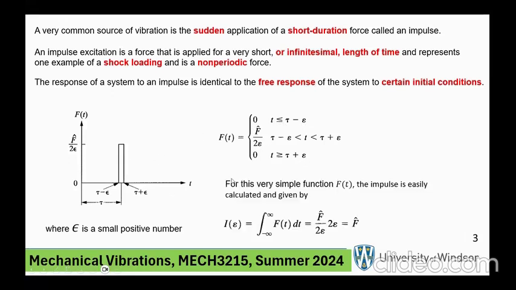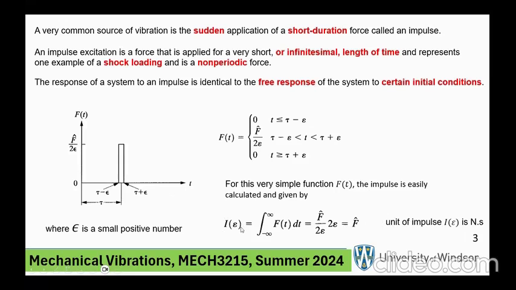Now, as I mentioned, the integral from minus infinity to plus infinity, which is the area under the curve, is the height times the width, which is f hat. This thing is called a unit impulse, the unit of this f hat, the unit of this impulse calculation.